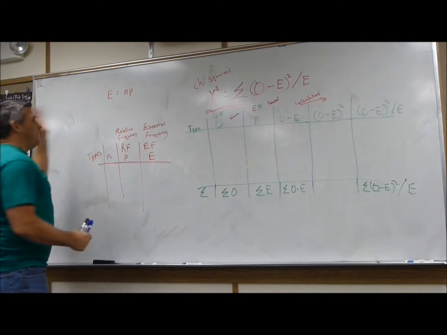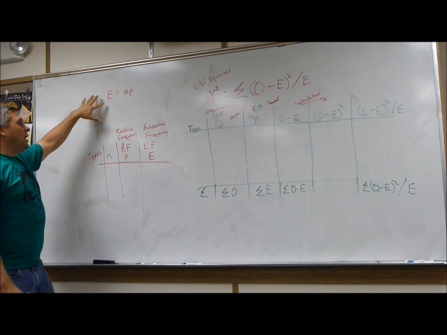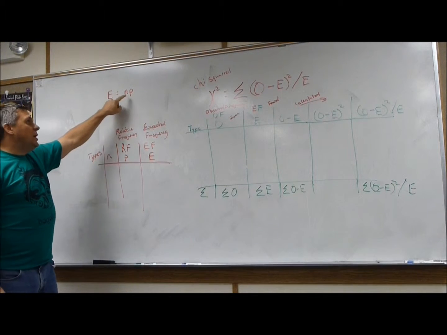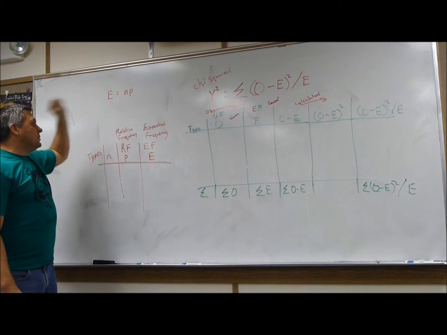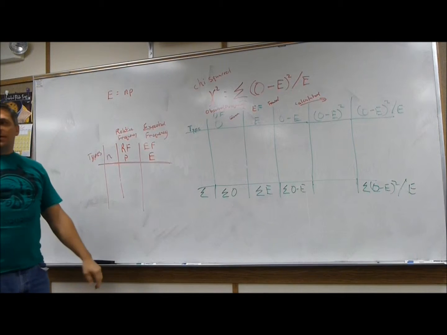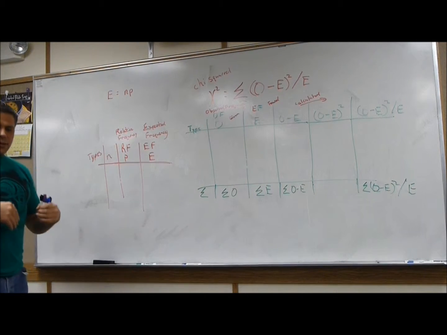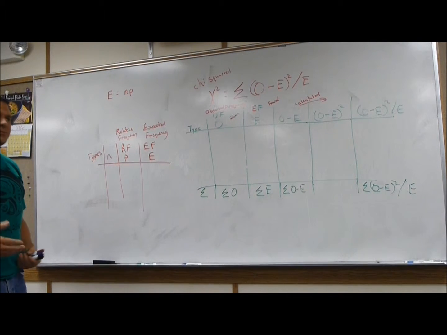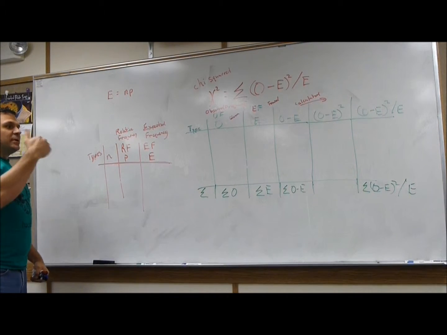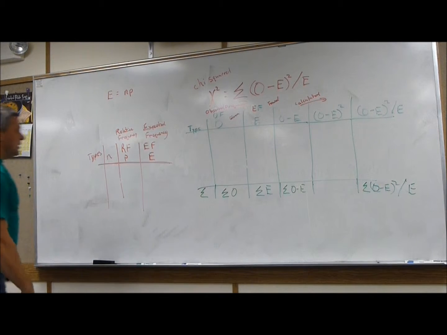We also need to know how to find the expected values, which is equal to the relative frequency times the number of times we're looking at the observed, how many times the observed have been observed.